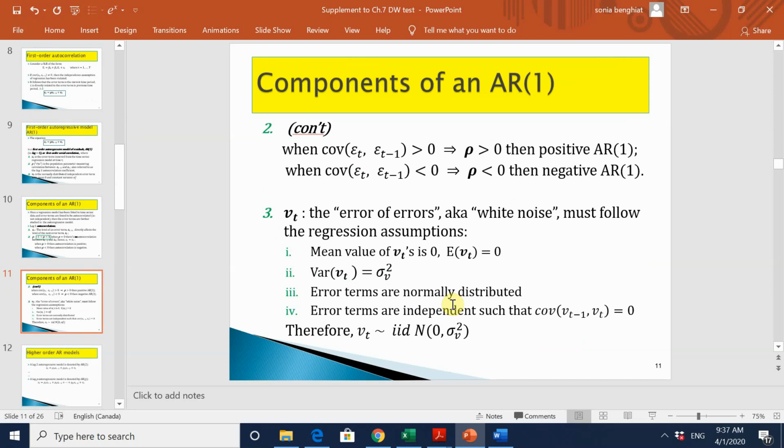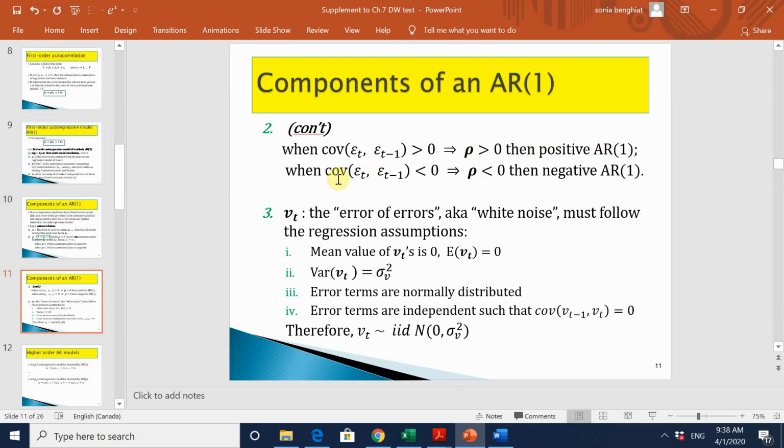Of course, when we talk about autocorrelation, we must also bring up the topic of covariance between two consecutive error terms, right? So a positive autocorrelation implies a positive autoregressive model of order 1.